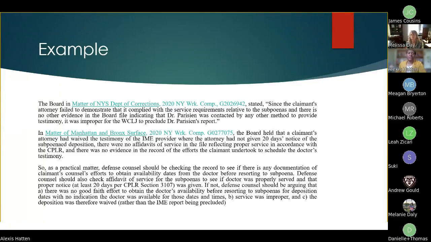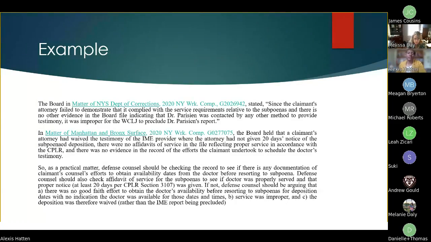So the other thing is, as a practical matter, defense counsel should check the record to see if there's any documentation in the board file noting claimant's attorney's efforts to obtain availability dates from the doctor before resorting to subpoena. They typically don't file that stuff with the board. We do. Defense counsel should also check the affidavit of service to see if the doctor was properly served.